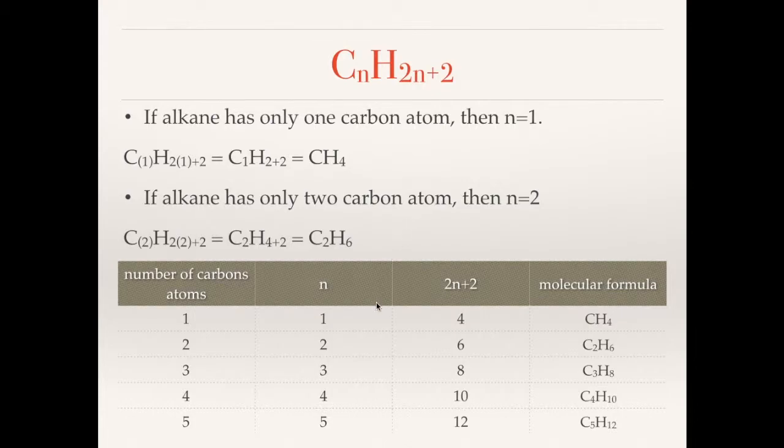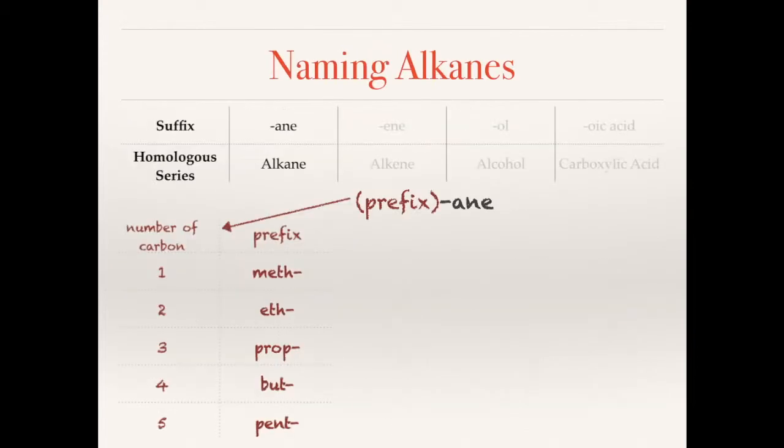This table shows a summary of the molecular formulae for alkanes with 1 to 5 carbon atoms. Now that we know how to write the molecular formulae, let us learn how to name the alkanes. As we know earlier, all alkanes will end with the suffix -ane, with the corresponding prefix.